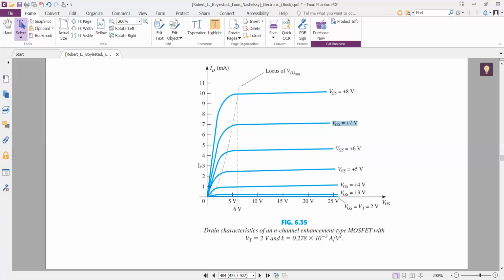Hence, for this characteristic, VGS on is plus 7 while the ID on can be found at any point on this characteristic by dropping a perpendicular on the y-axis.